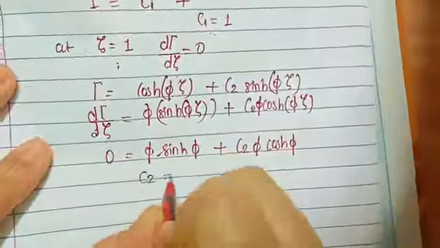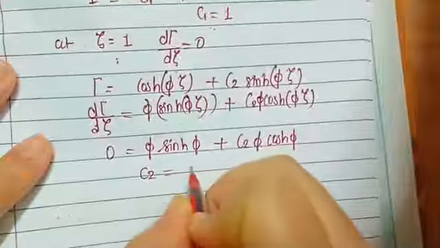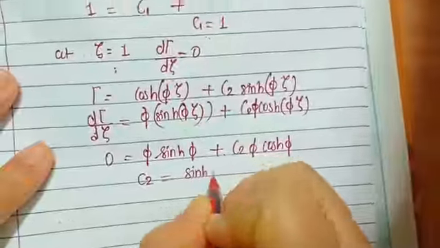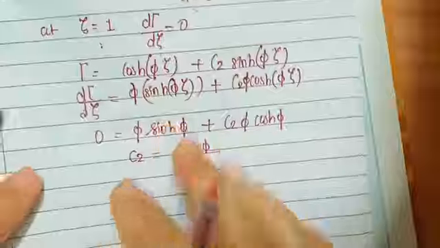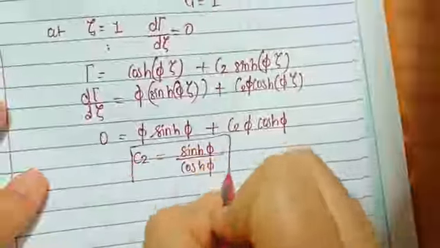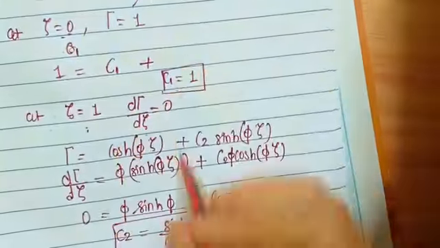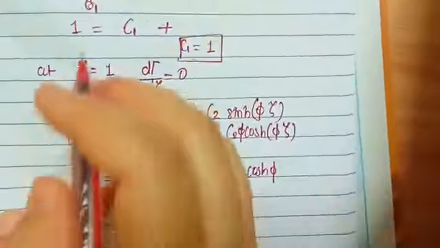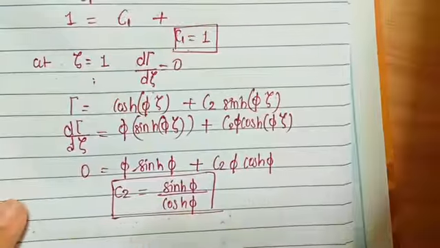So C2 is equal to sinh phi upon cosh phi. So these are the two constants which we get. We will put these two constants in our equation.